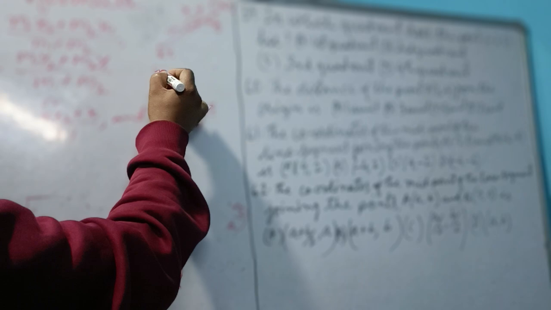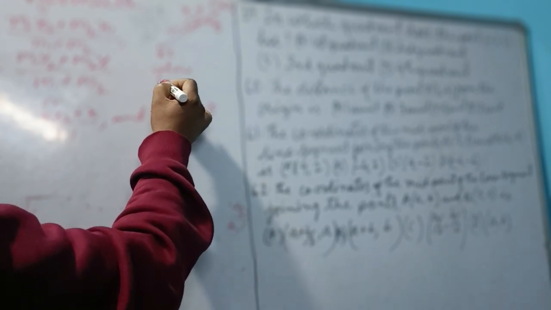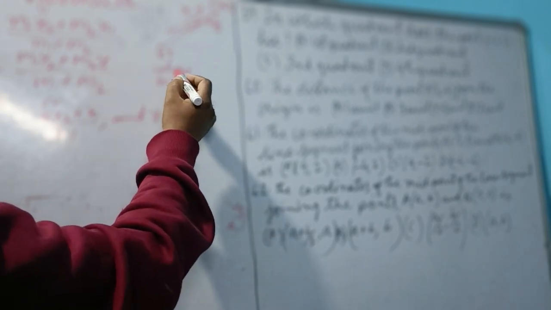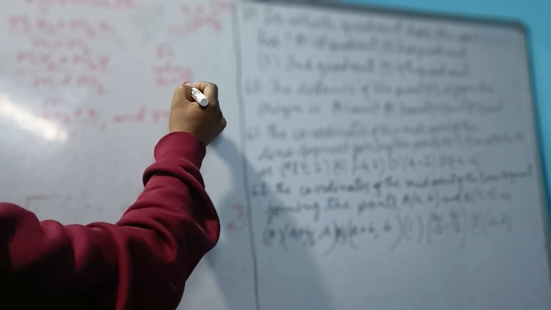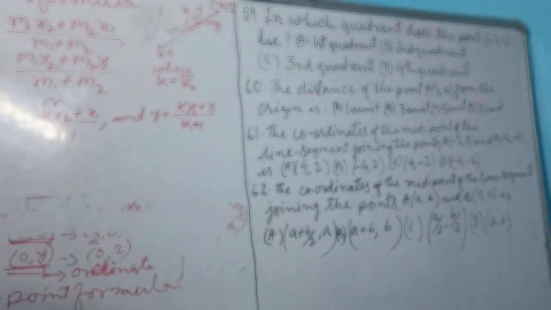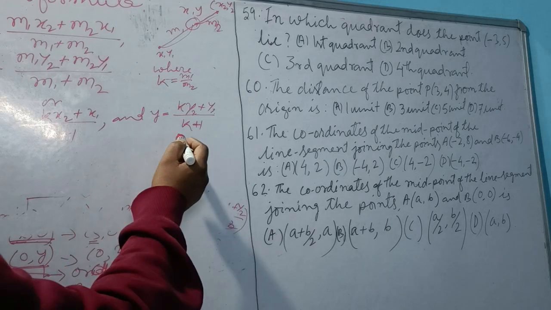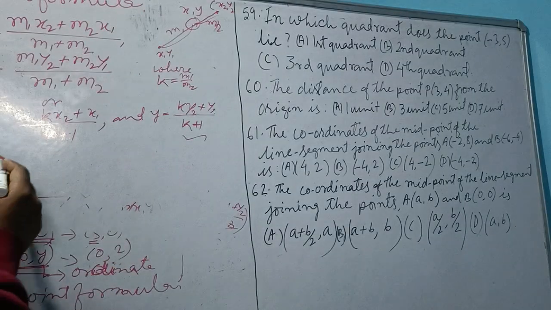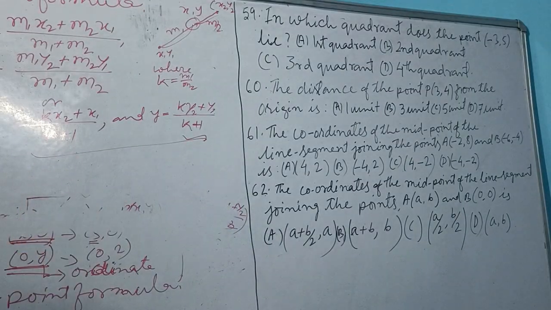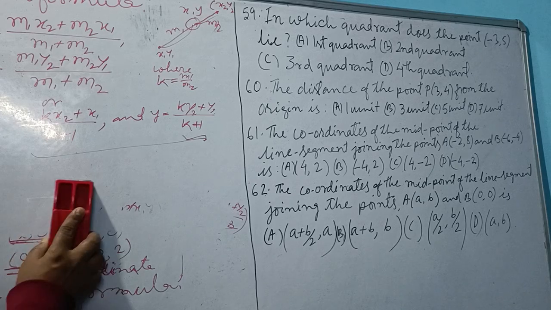Clear? Where k is equal to m1 by m2. This ratio, dividing by this, we sometimes write this formula. So when you use this formula, to find the ratio of any line segment, easily we can find it out. Clear? Only this much I'm discussing now, because in order to attempt the answers for these questions you need this formula, so that's why I am discussing it.